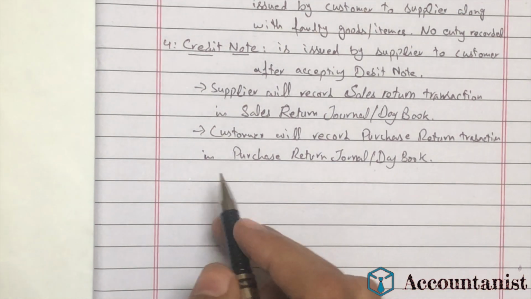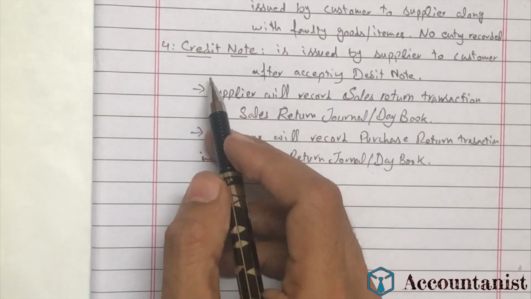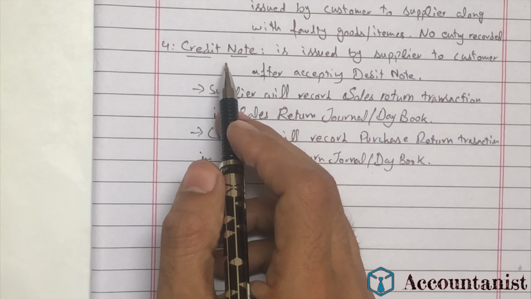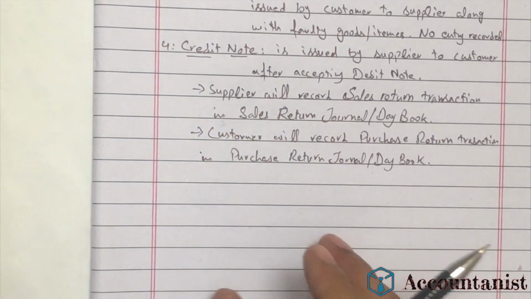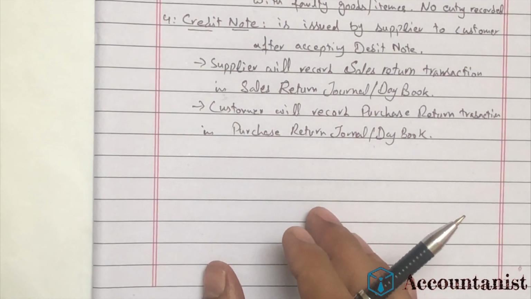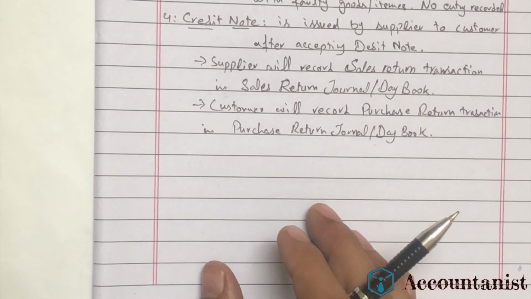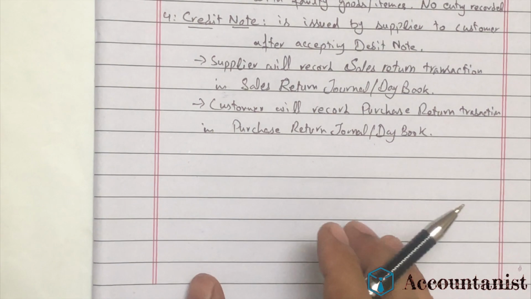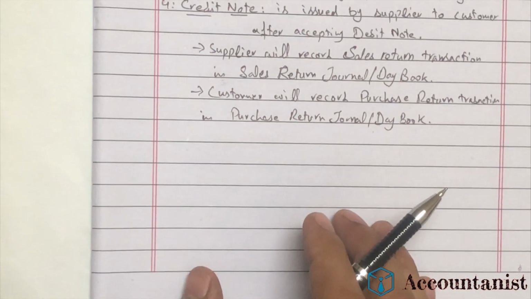So that's the most important document that we have, the credit note. We always remember that for any single return transaction, whether it's a sales return or a purchase return, the evidence of that transaction is in the credit note.